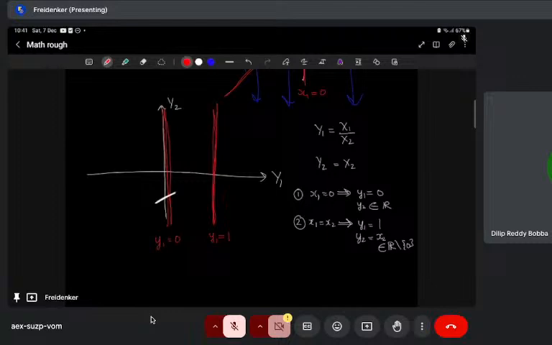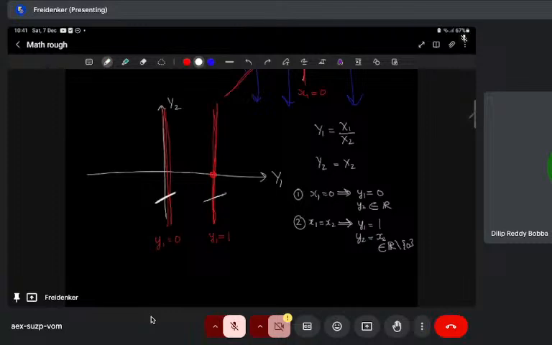So I will just pluck this point out, because if y2 is 0, it means x2 has to be 0. If x2 is 0, it means x1 is also 0. That would mean y1 is 0 by 0. So we'll remove the case where x2 is 0, which would mean y2 can't be 0. So I'll pluck this point out. Anyways, this was our second line.